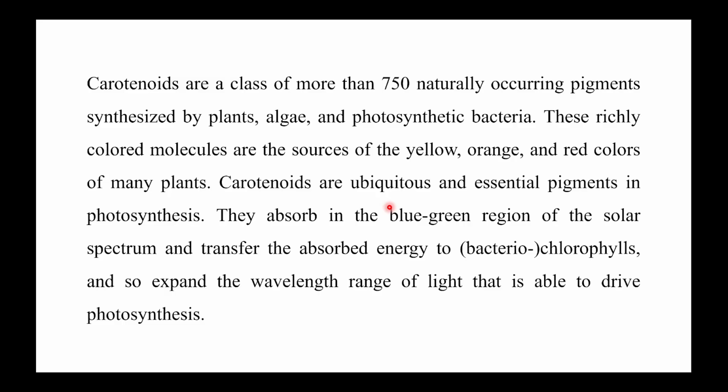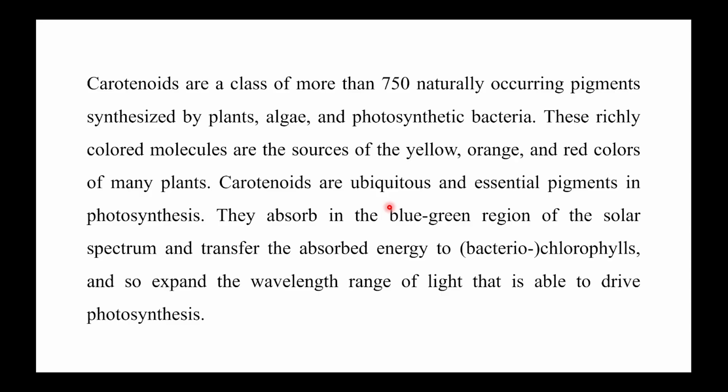So, carotenoids are a class of more than 750 naturally occurring pigments synthesized by plants, algae, and photosynthetic bacteria. These richly colored molecules are the sources of yellow, orange, and red colors of many plants. So, you must have seen plants with naturally red leaves, which have more carotenoids than chlorophyll.